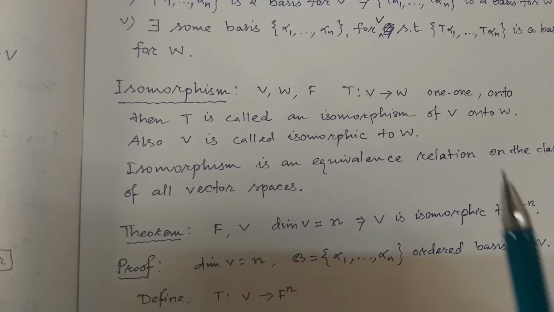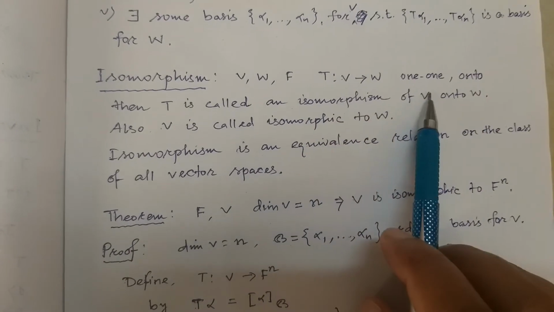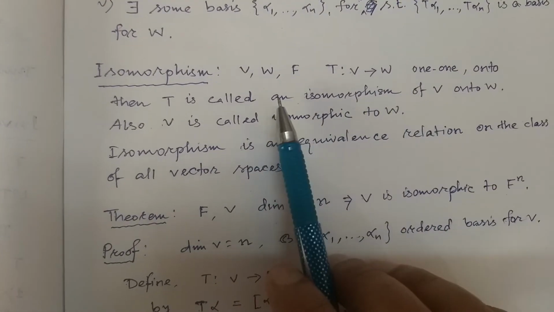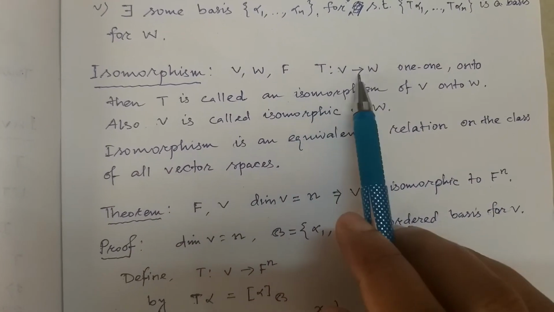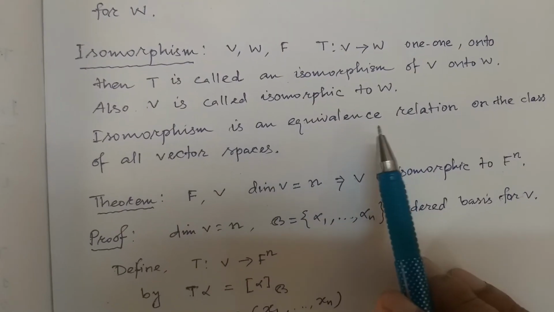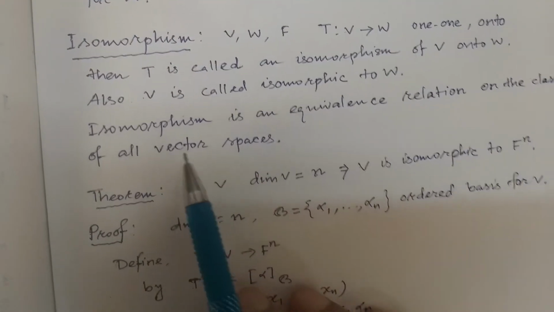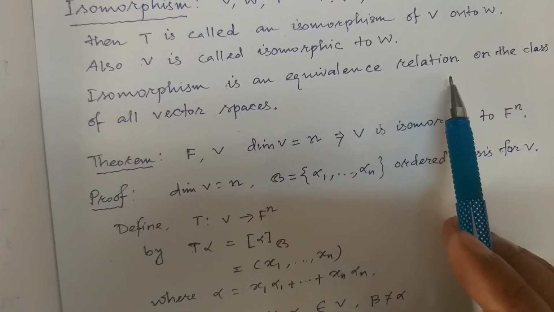Also if V is isomorphic to W, then W is isomorphic to V, because T is 1-1 onto, so T inverse exists and that will also be 1-1 onto. So reflexivity, symmetry and transitivity give you that isomorphism is an equivalence relation.